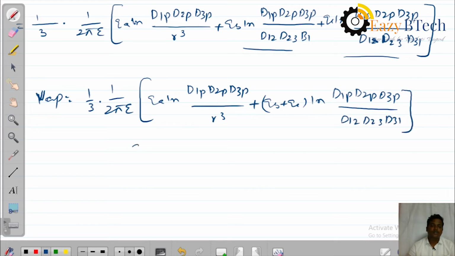Okay, we know that QA plus QB plus QC equals 0. From this, QB plus QC equals minus QA. Substitute here.